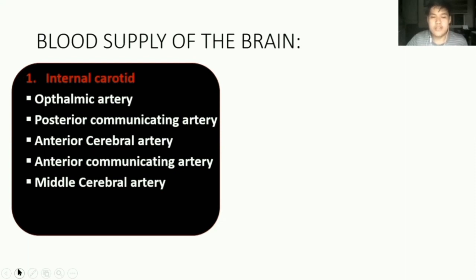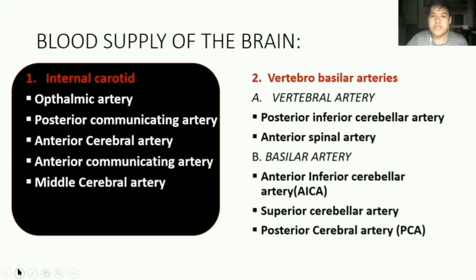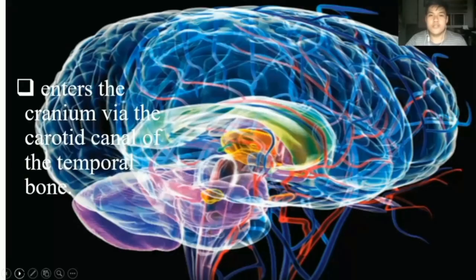And for the other vessel, which is the vertebrobasilar arteries, it has two main vessels also, the vertebral artery and the basilar artery. And under the vertebral artery are the posterior inferior cerebellar and anterior spinal artery. While the basilar artery has the following branches: anterior inferior cerebellar artery, superior cerebellar artery, and the posterior cerebral artery.